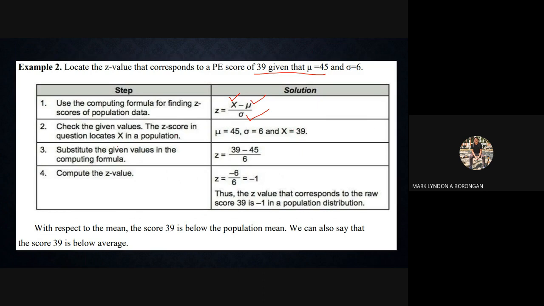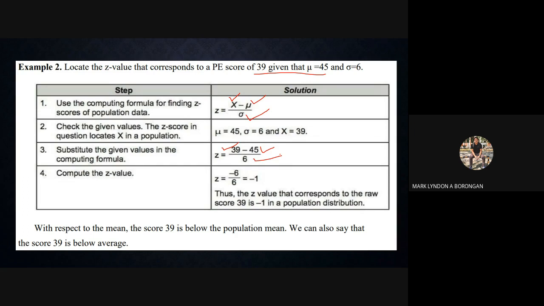Now, we will substitute the given values in the computing formula. Simple substitution na ni siya, no? So, ang 45, diari, ang ato ang x is diari, ang atong sigma is diari. So, pag-calculate na to, pag-simplify na to, we get negative 1.